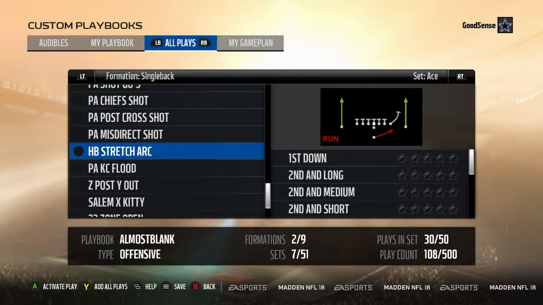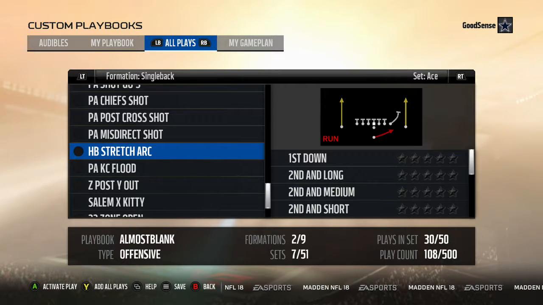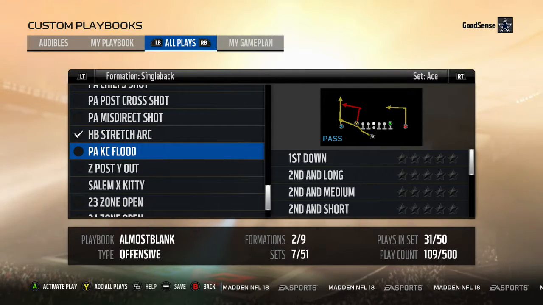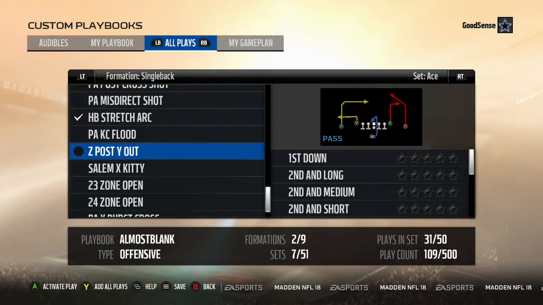Here it is. This was the play that was different. As you can see, the tight end goes out. I'm going to see what is the difference between all of those stretch plays. I really don't think there is, but I will find out.